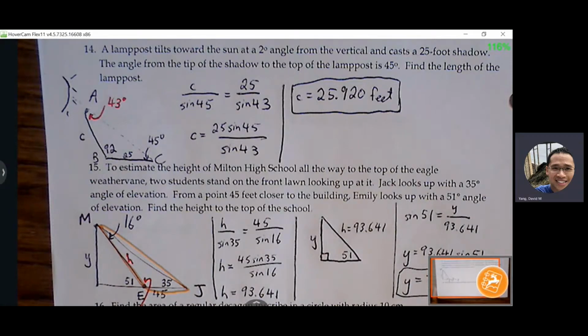Questions with 14? Okay, read number 13, see if you can create the diagram and then decide what to do with it.